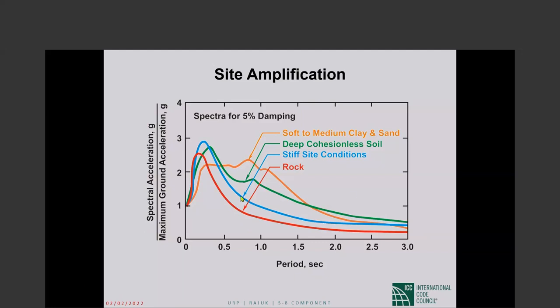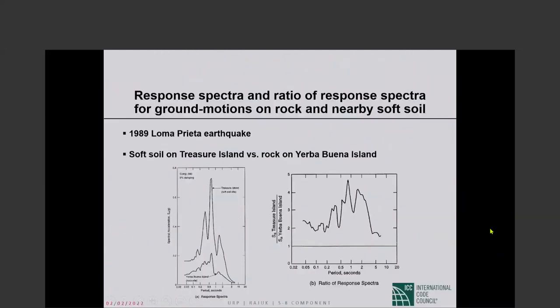As you go from stiff site conditions to deep cohesionless soil, the amplification is even higher. And look at real soft soil. I mean, the comparison between this and that, you can see that the accelerations have increased by a factor of 3 or so. Okay, so there is amplification of in this case acceleration at a site because of soft soils.